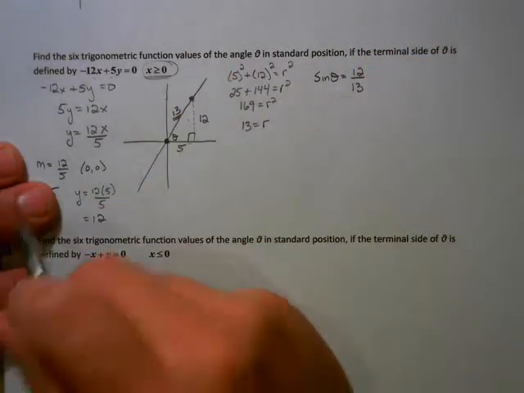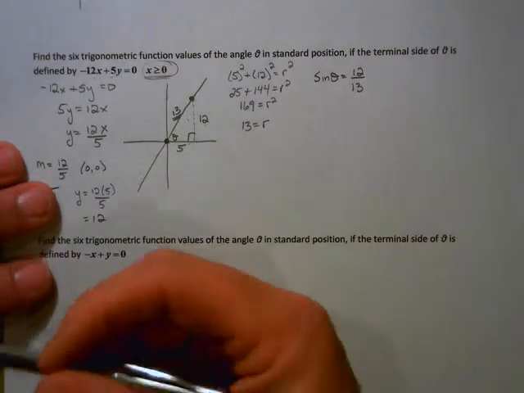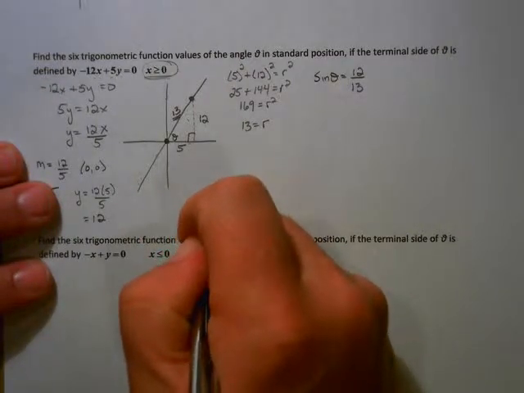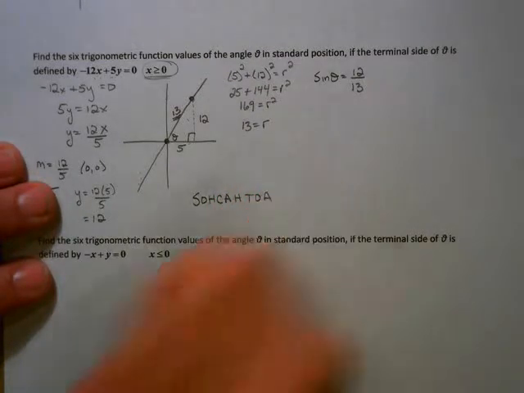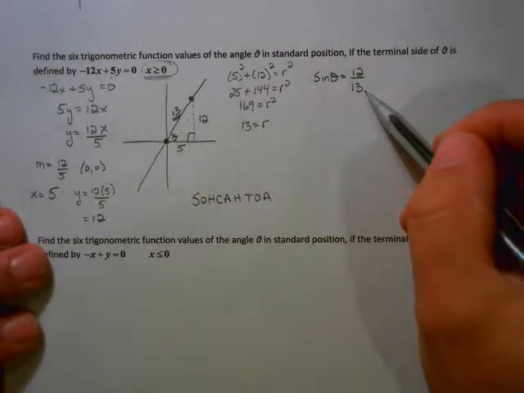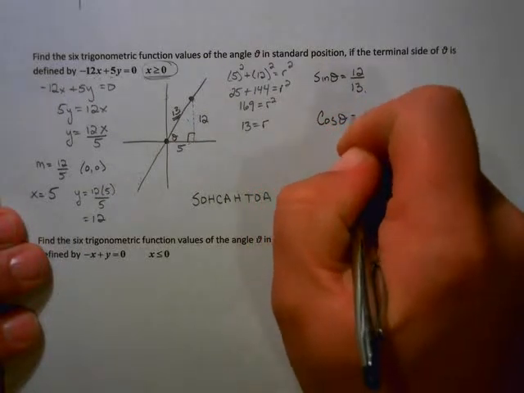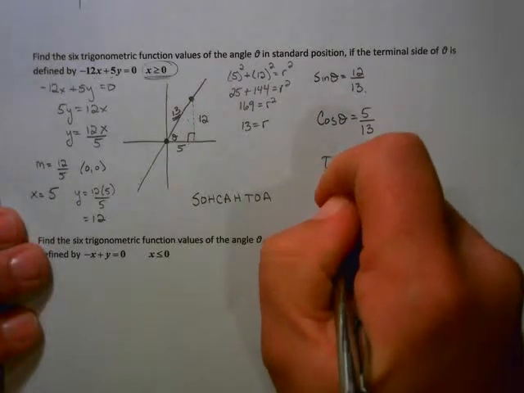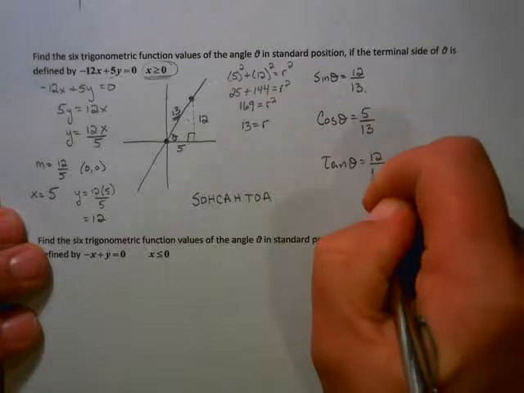Again, here's my theta. Now again, if you have a triangle, some of you may remember that French Indian cure for athlete's foot, which is SOHCAHTOA. So right now you're learning sine theta is y over r, and cosine theta is x over r, and tangent theta is y over x.